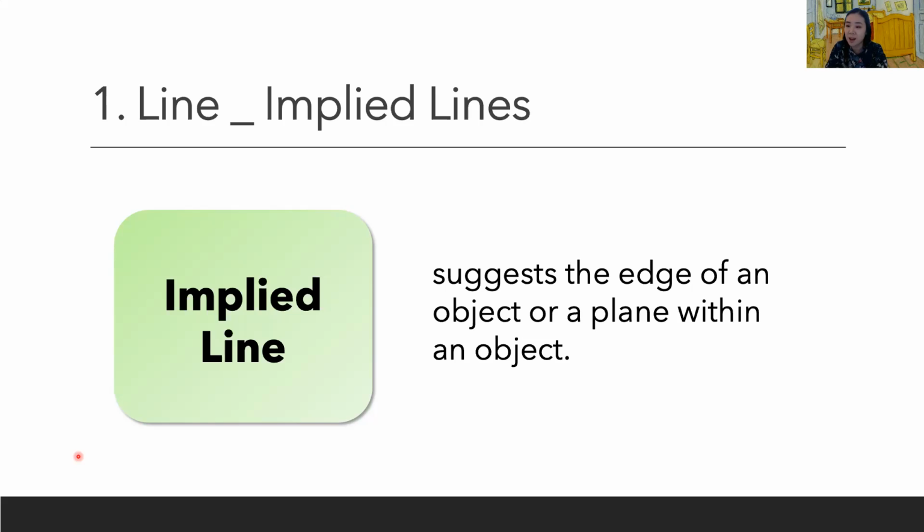It may be defined by value, color, or texture, or it may not be visible at all. With any implied line, our brain interprets that the line must exist. So this is a powerful tool that any artist can use. So let's see the example.